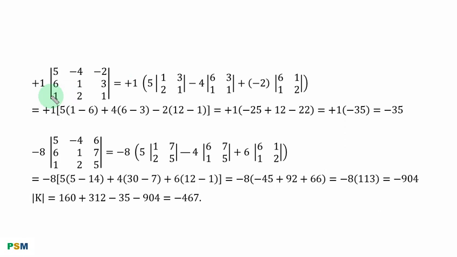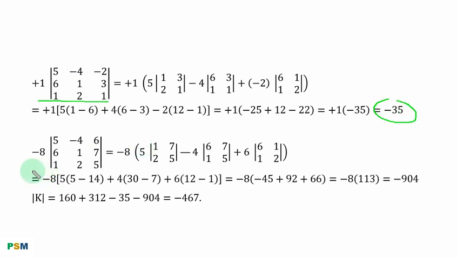Here is the third 3 by 3 minor matrix. If you apply the same procedures discussed earlier, you have minus 35 as the determinant.